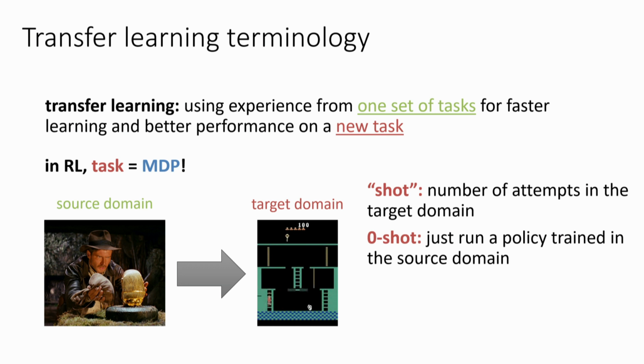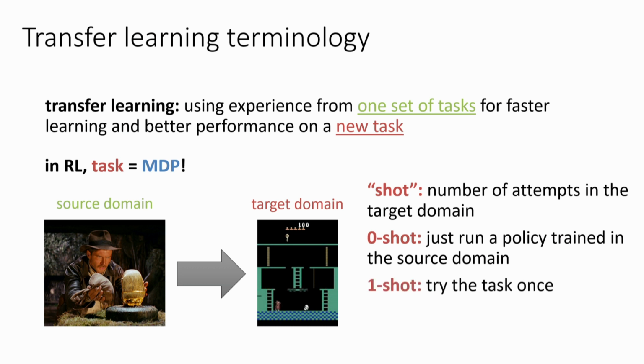So if someone says, my algorithm is doing zero-shot transfer, what they mean is they trained it in the source domain or source domains, and then it just works in the target domain. Now, this typically requires some assumptions about the similarity between the source domain and the target domain.